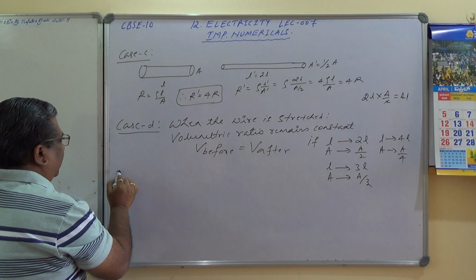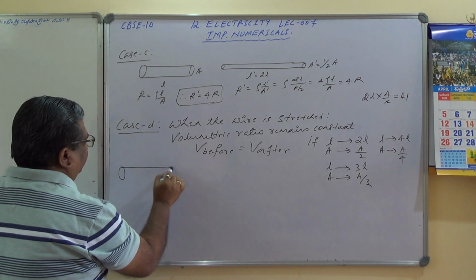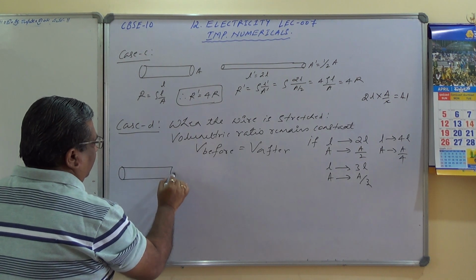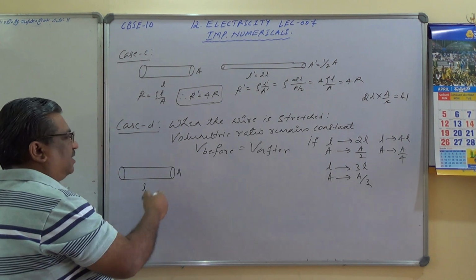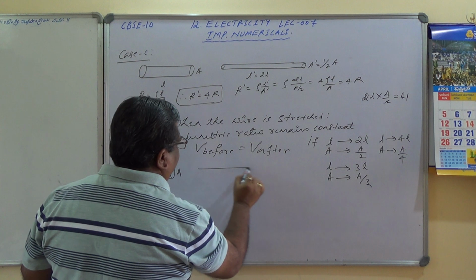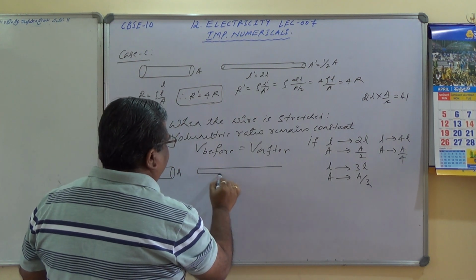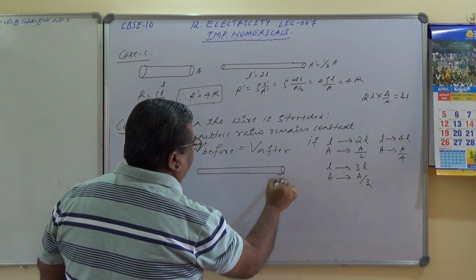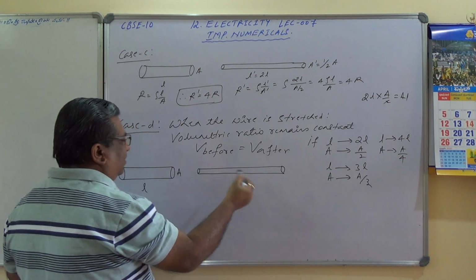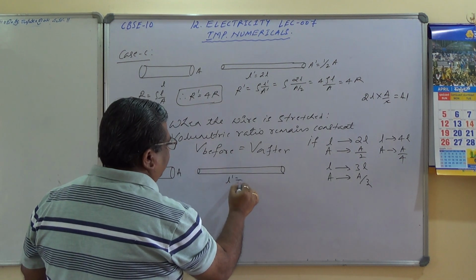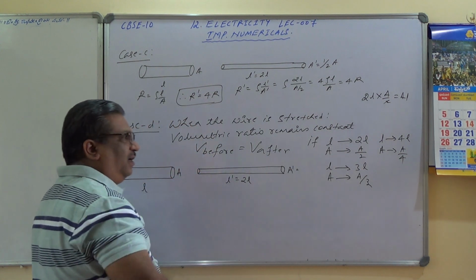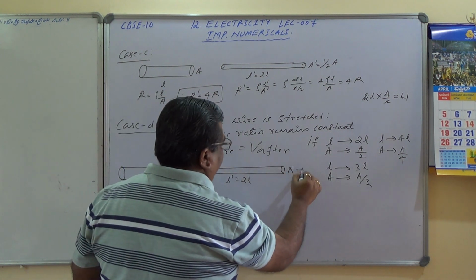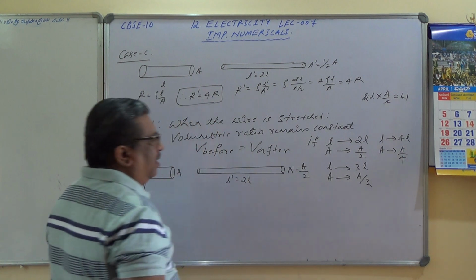Let us see here. Let me take a conductor. The length is L, cross section area is A. This is stretched to twice its length. When it is stretched to twice its length, L dash equals 2L. So what about A dash? It reduces to half the original cross section area, A by 2.